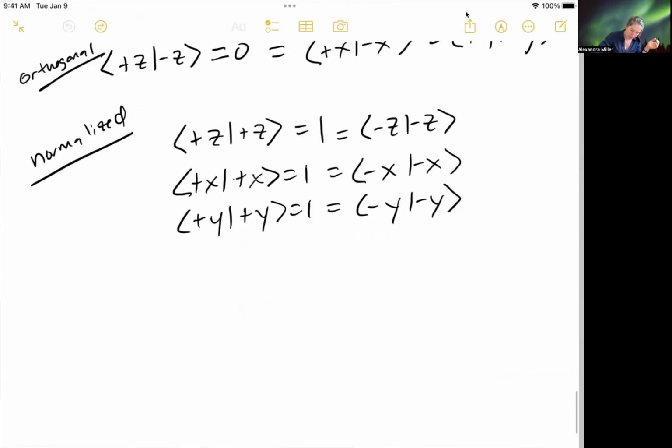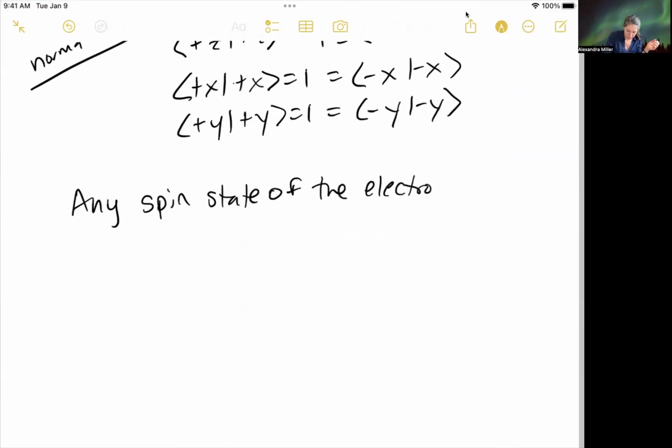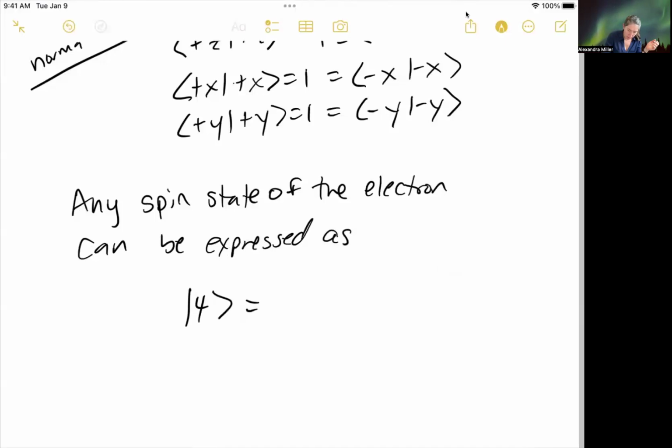So again, in this spin example, any spin state of the electron can be expressed as psi equals some coefficient times the up in the z state plus some other coefficient times the down in the z state.